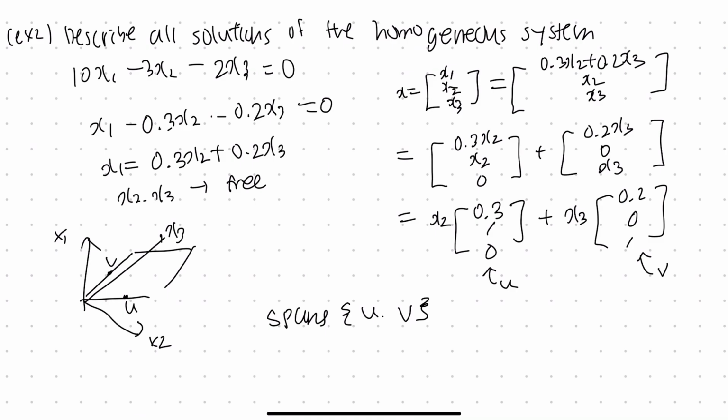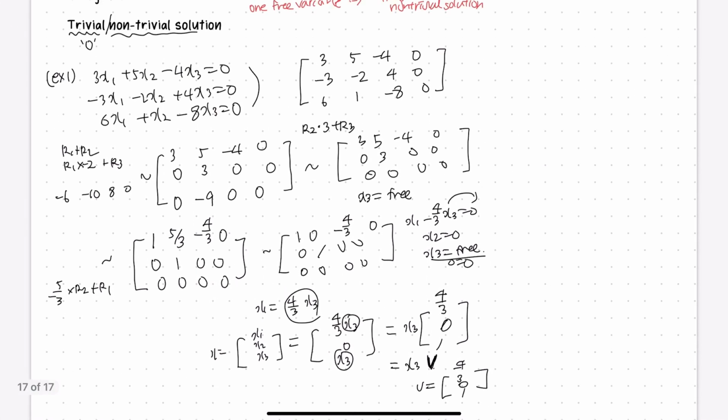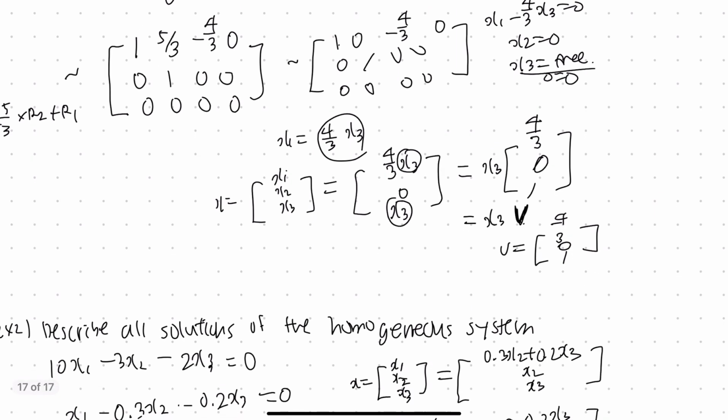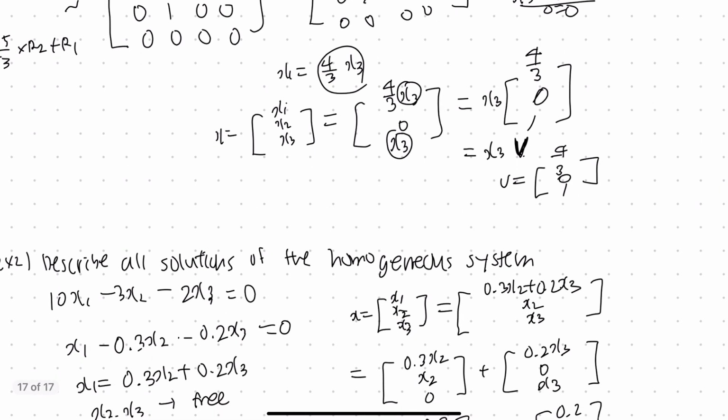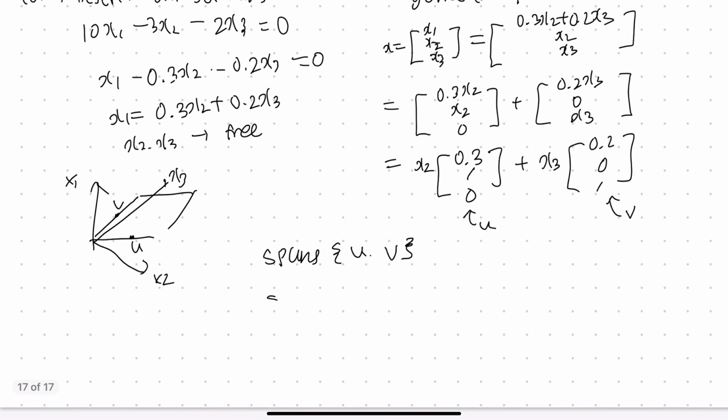Examples 1 and 2, along with the exercises we have solved today, illustrate the fact that the solution set of a homogeneous equation Ax equals 0 can always be expressed explicitly as the span of v1 to vp for suitable vectors v1 to vp. If the only solution is the zero vector, a trivial solution, then the solution set would be the span of 0, right?